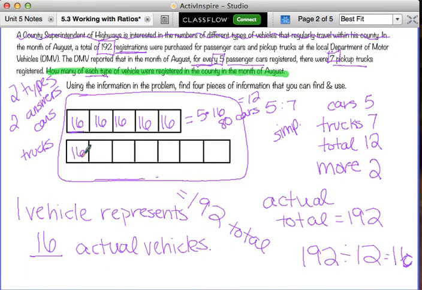And since each of these represents 16, and there were 7 of them, I can take 16 times 7. It's 42, carry the 4. 1 times 7 is 7, plus 4 is 11. So I know that there were 112 trucks.